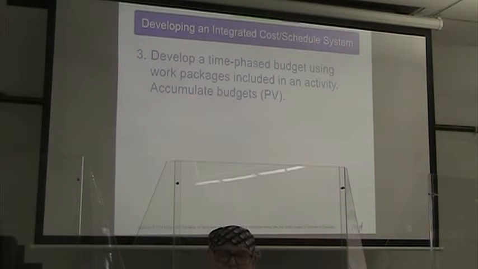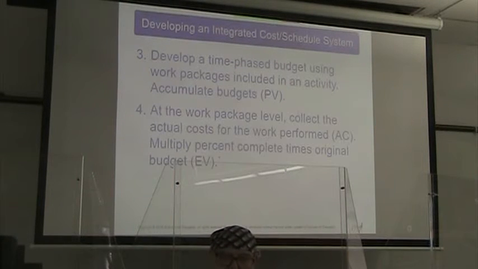Third, develop a time phase budget using work packages included in an activity. Accumulate the budgets for our planned value. Fourth, at the work package level, collect the actual cost for the work performed, the AC, and multiply the percent complete times the original budget, or earned value.